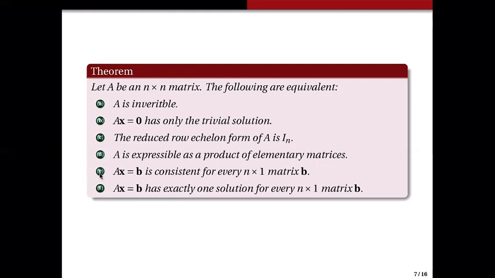Once you've established that, the 5 of them will have the same truth values. They are all true or they are all false. You can also do that for letter F. You just show that letter F is equivalent to one of the other 4. Once you're done with that, all of these 6 statements here are equivalent.